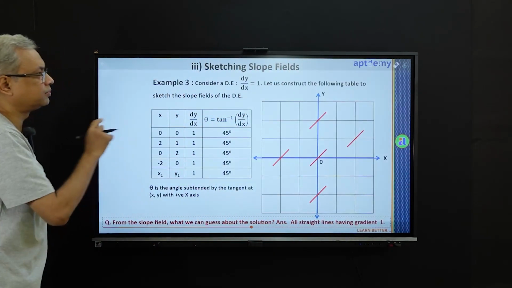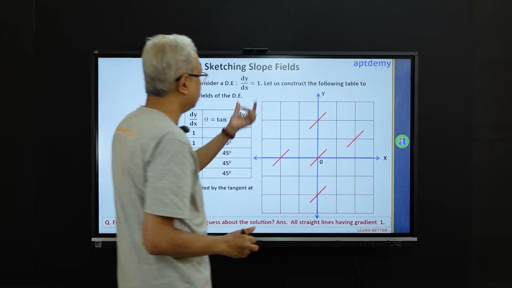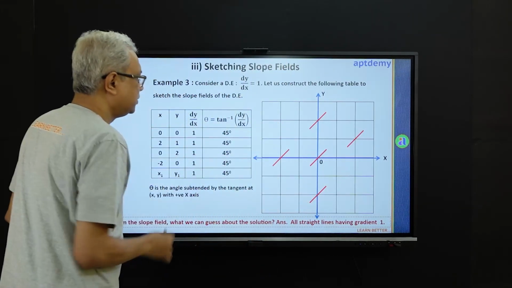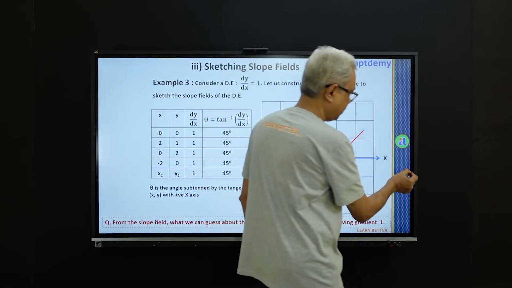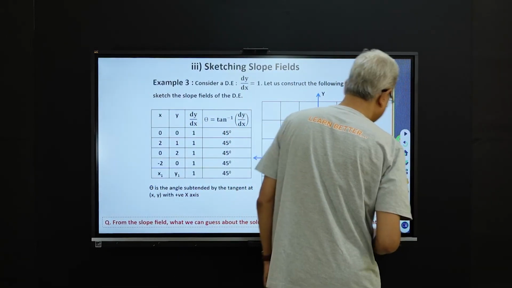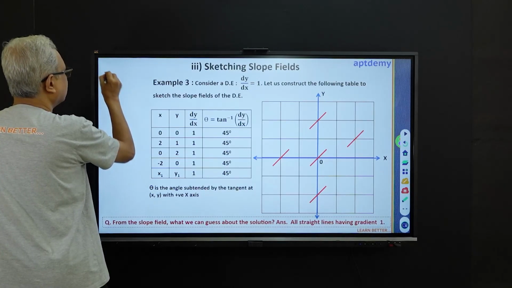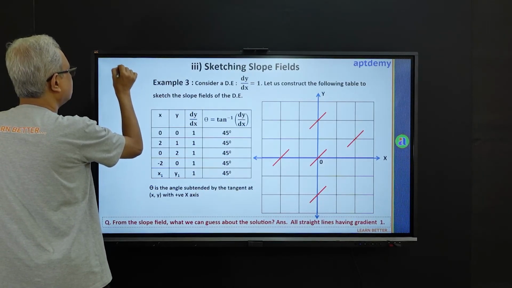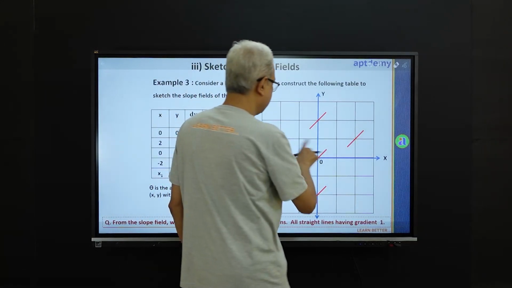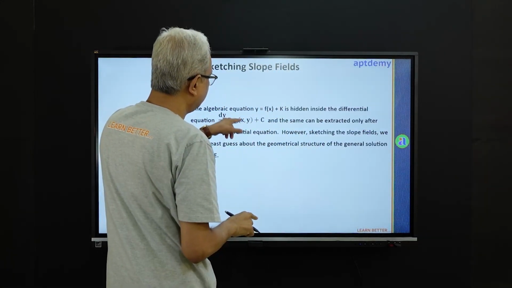Say, for example, let us begin with a differential equation. The differential equation is very simple. We discussed that dy/dx is a function of x, y.